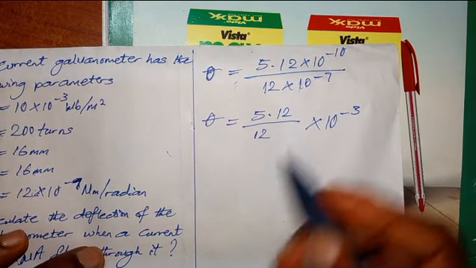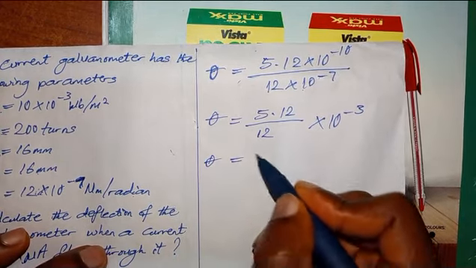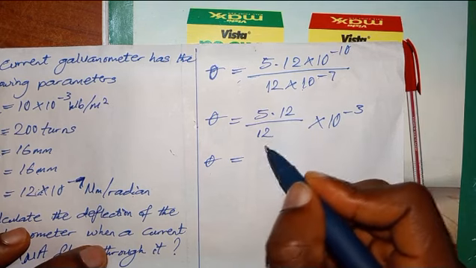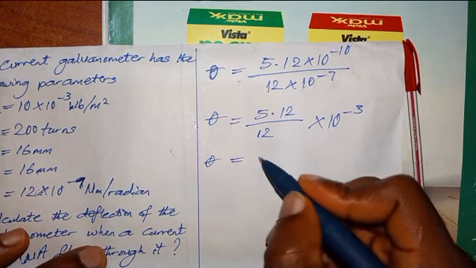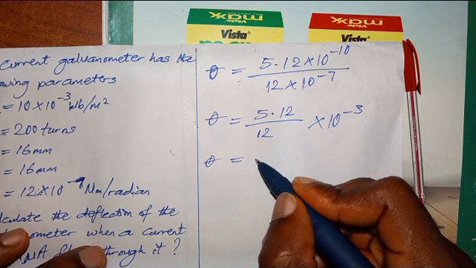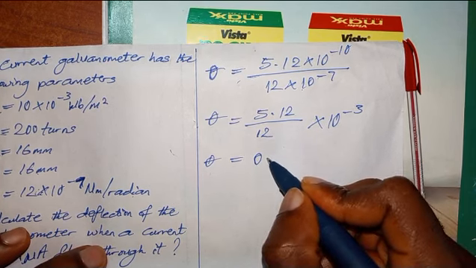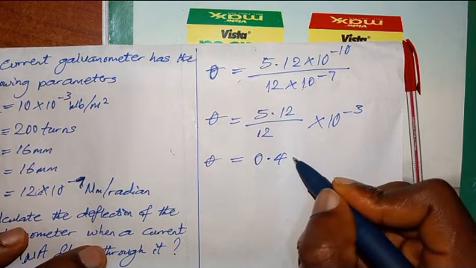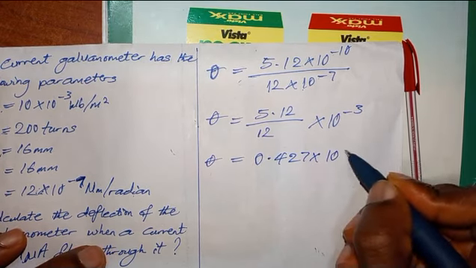Then you do normal division, 5.12 divided by 12 will give you 0.427 times 10 raised to power minus 3.